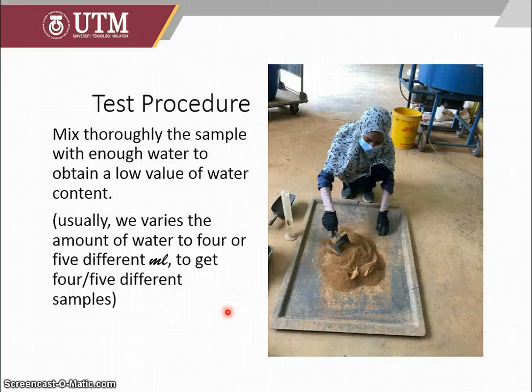This is roughly the testing procedure. We have to mix thoroughly the soil sample with a certain amount of water. This is one sample, and we might have 4 to 5 different water samples.